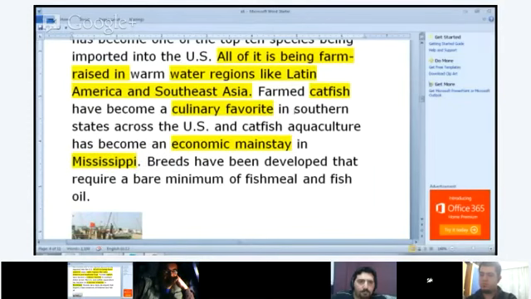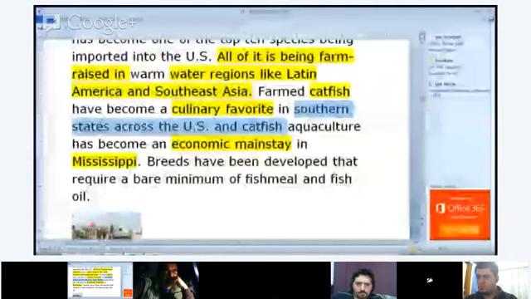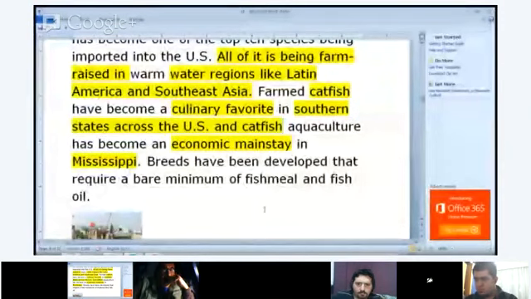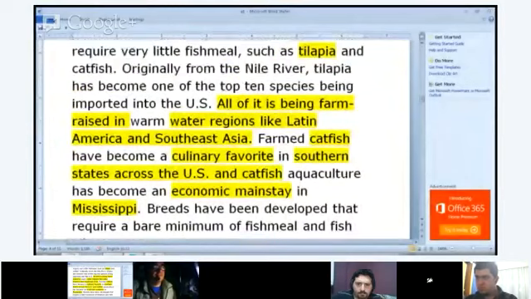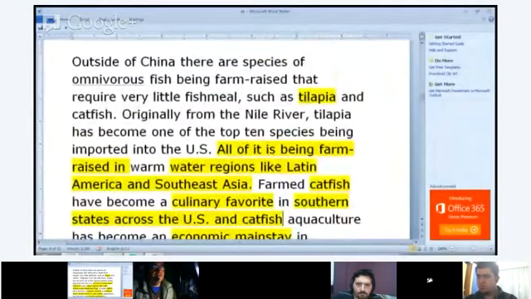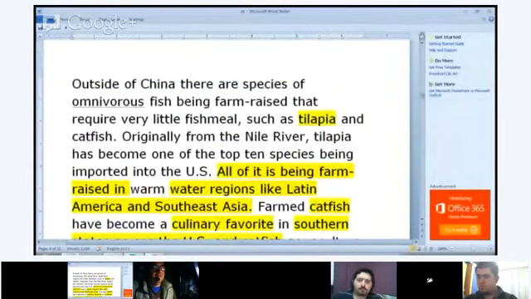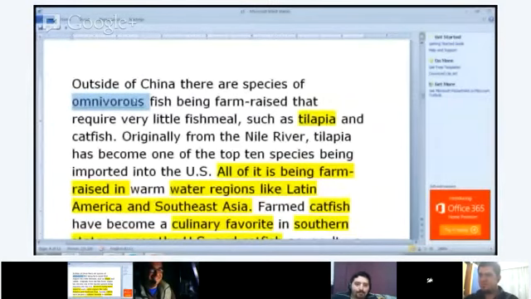Okay? All right, and what kind of fish are these? Are these herbivores? Are these carnivores? They are omnivores. Yes, good. I love this. Good work, you guys. So these are omnivores.